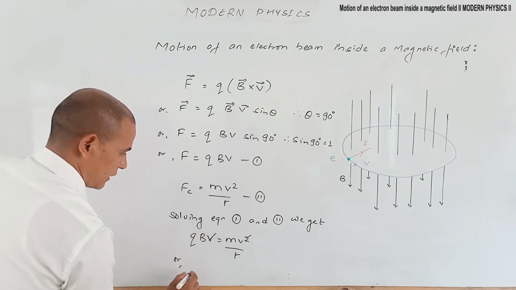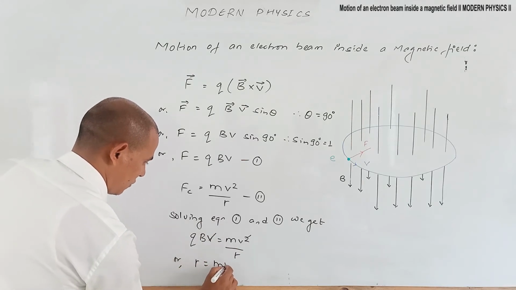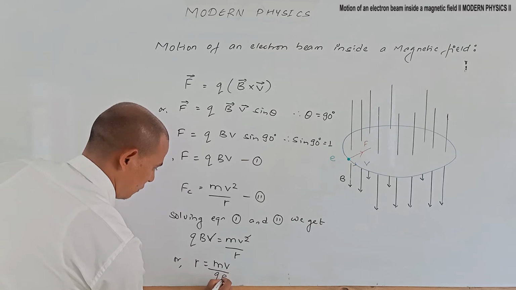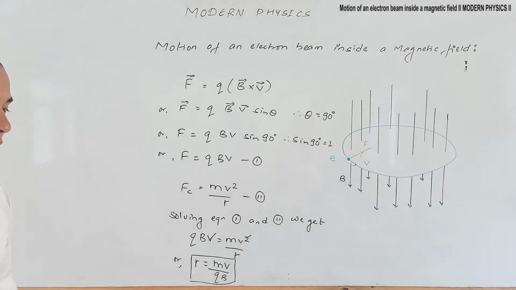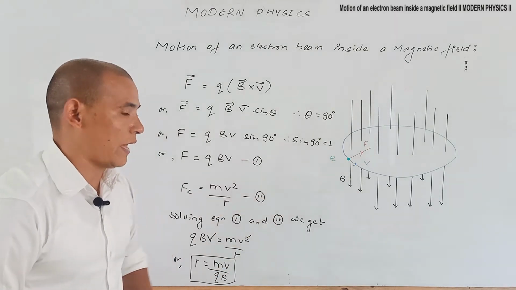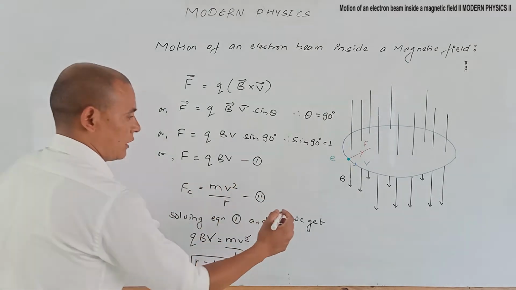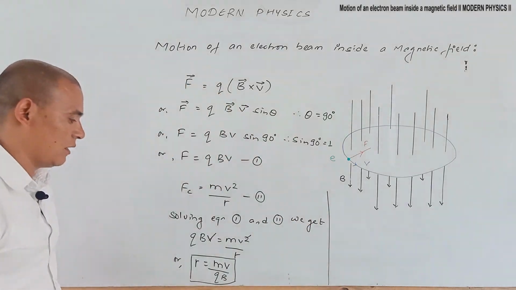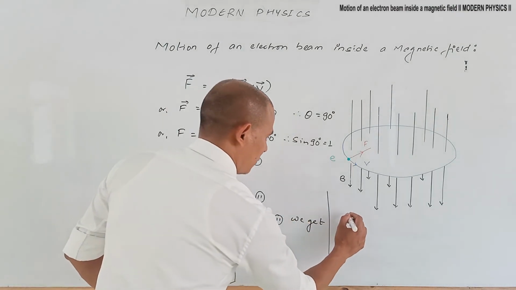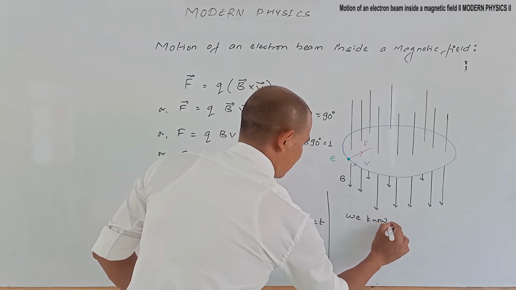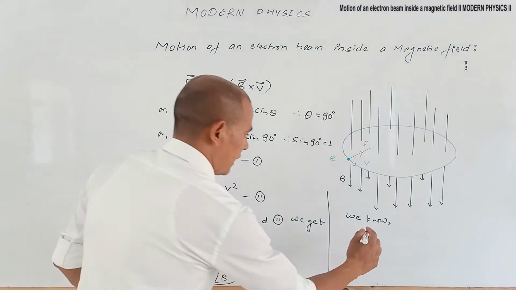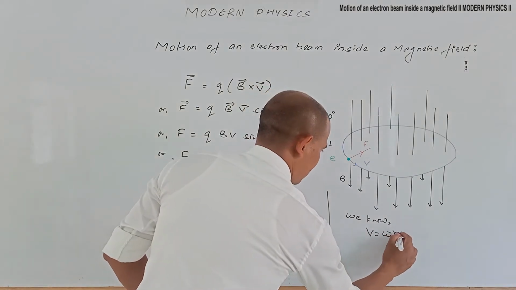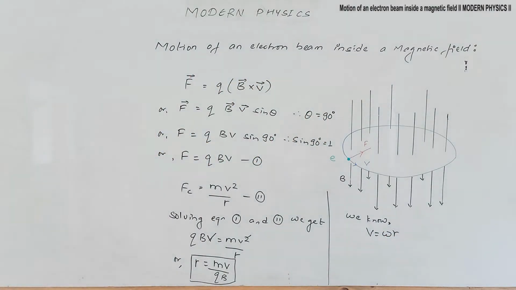The velocity gets cancelled, so r equals m v by q B. From this equation we can calculate the radius with which the electron moves in a circular path. Further, we have studied in class 11 in circular motion that velocity v equals omega r.